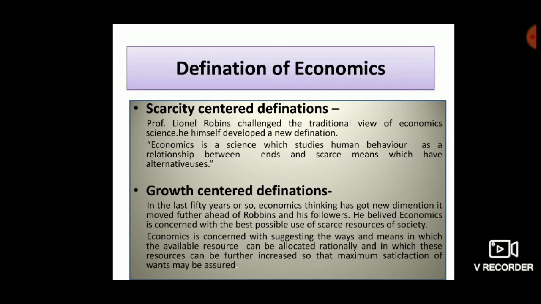As a result of his dissatisfaction with the welfare definition of economics given by Marshall and his followers, he developed a new definition himself. His new definition of economics appeared in his book, Nature and Significance of Economic Science, published in 1932.